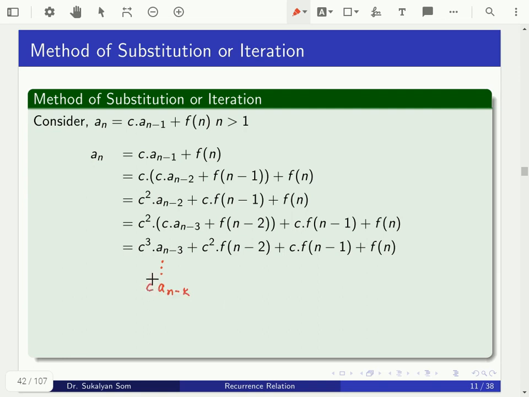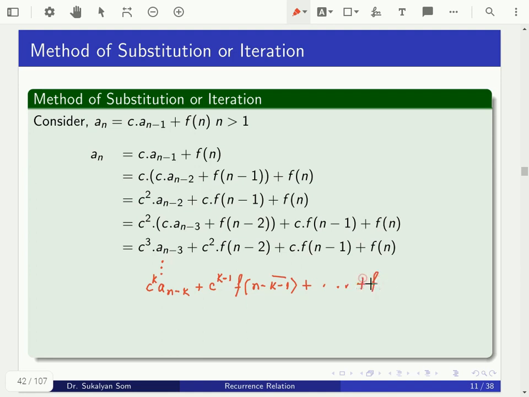Let me show you the substituted version. After substitution, we get c to the power k times a_(n-k) plus c to the power k-1 times f(n-k+1) plus up to f(n).